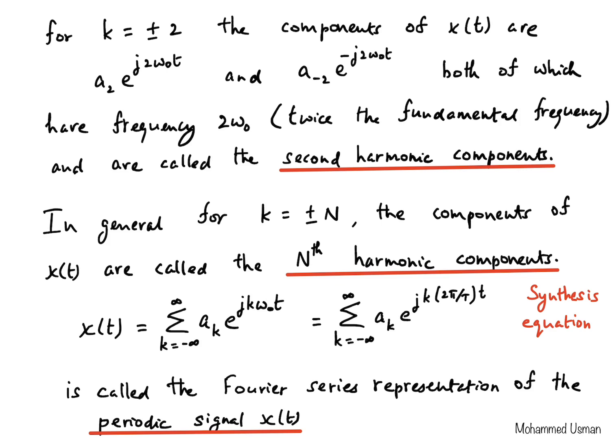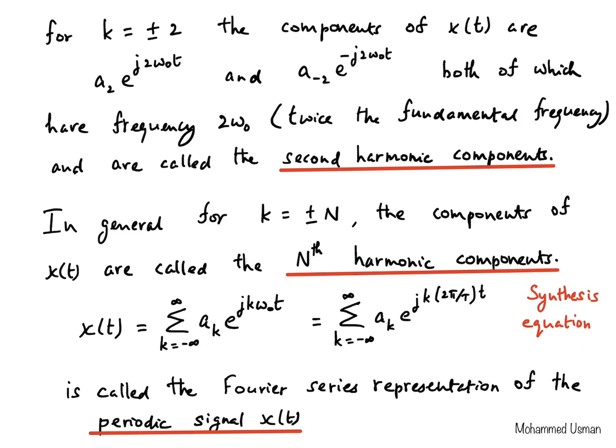So we have complex exponentials with frequencies which are integer multiples of the fundamental frequency omega naught, and when we represent a periodic signal in terms of such harmonically related complex exponentials, we call this representation the Fourier series representation of the periodic signal, and the representation equation that we have here is called the synthesis equation.